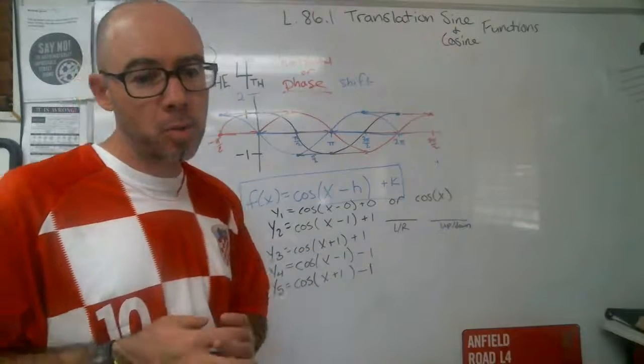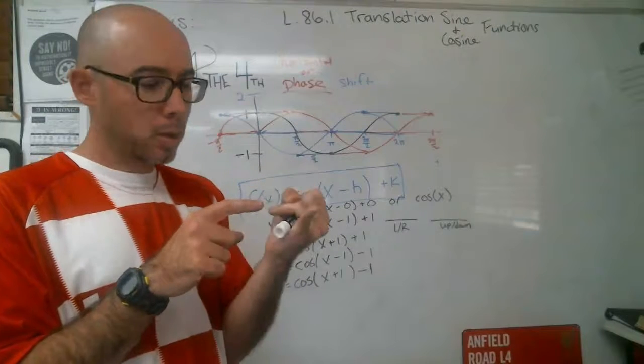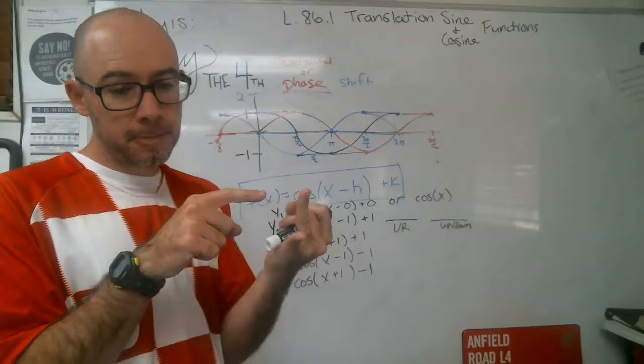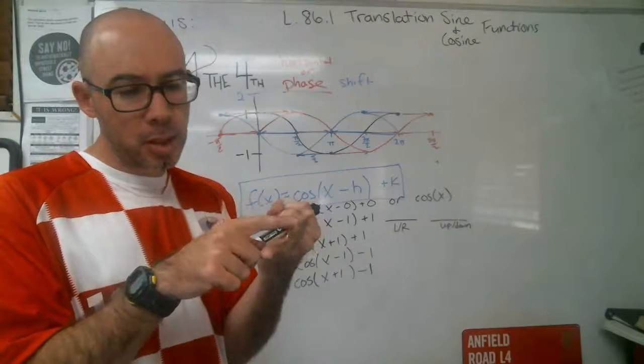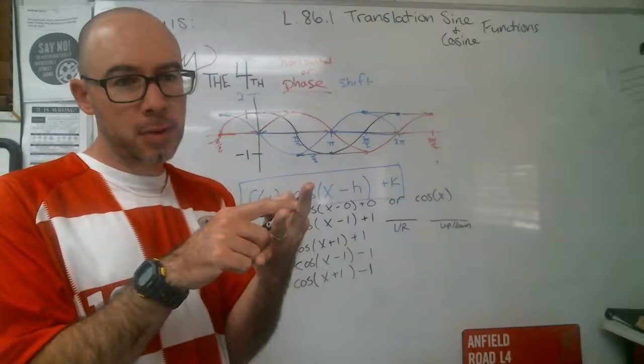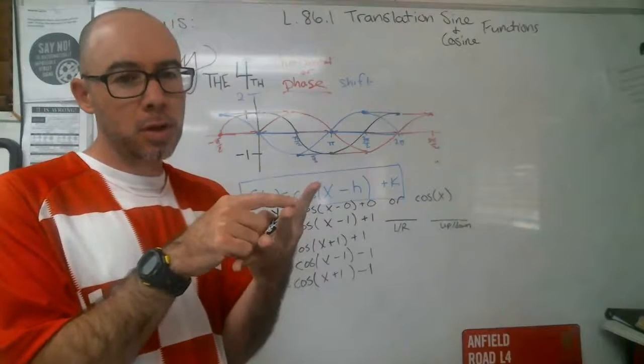In our next episode, we'll tackle what's called the standard form, where we'll be able to change the amplitude. We'll change the period. We're going to do horizontal shifts or phase shifts, and we're going to do vertical shifts.